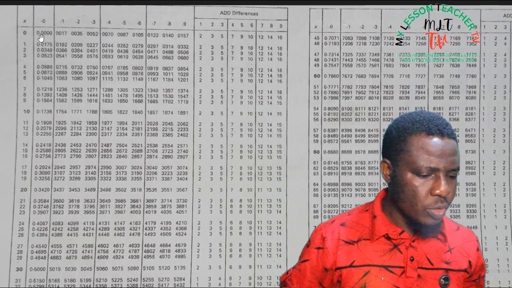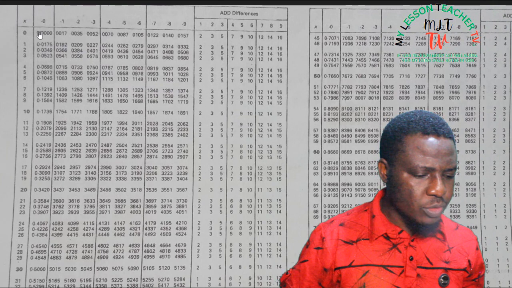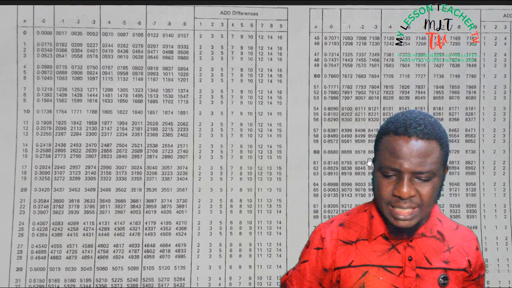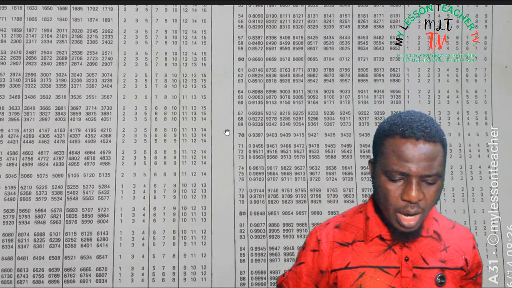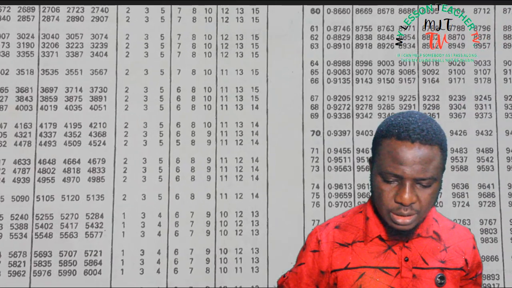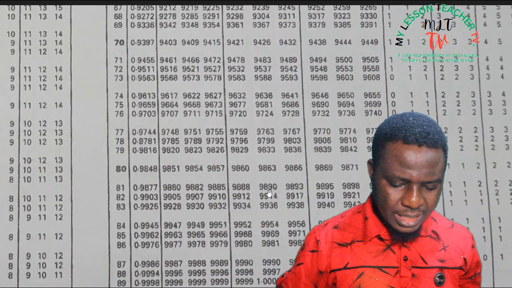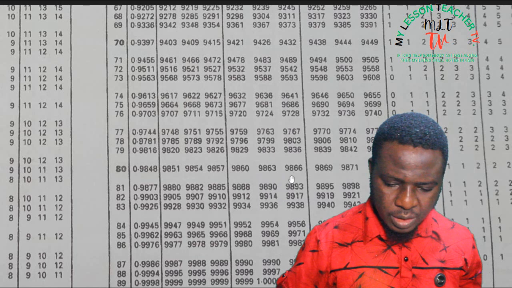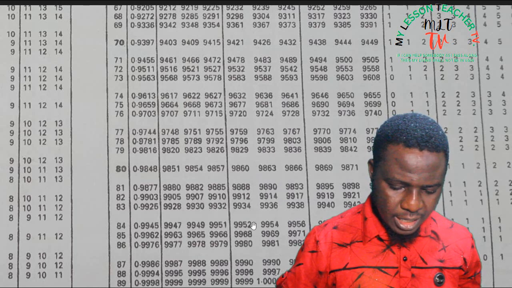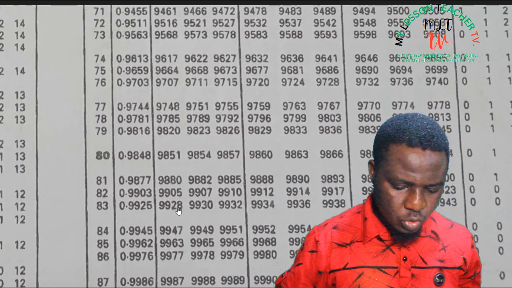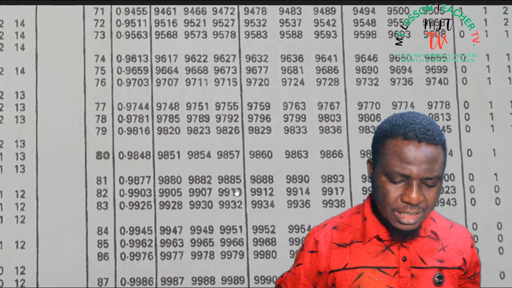Just like I told you, the value for sine starts from 0.00. So 9910 will be somewhere around 80 points. So 9910, this is 9952. So going backwards, this is 9928. 9910 is this.